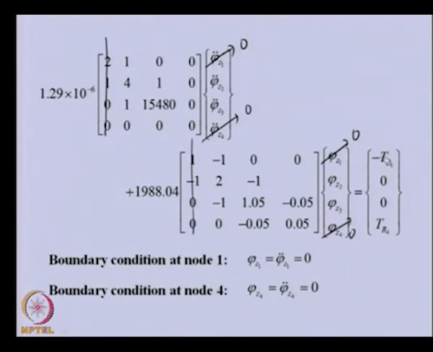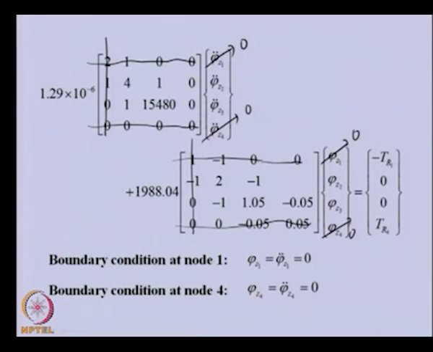The first and the fourth rows contain unknowns on the right hand side, so they can be eliminated, and they can be used subsequently to obtain the reaction torque.